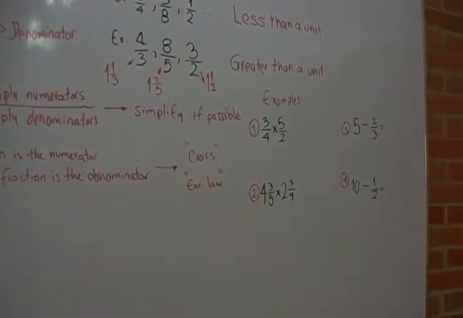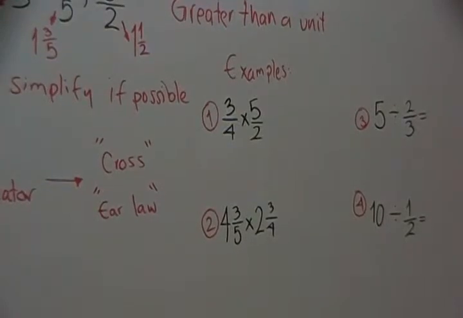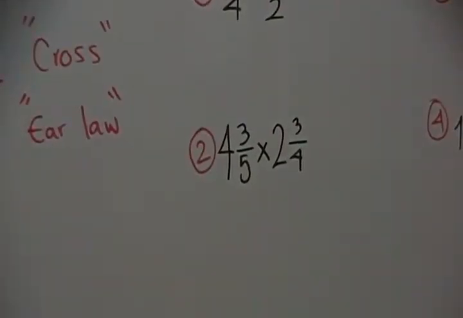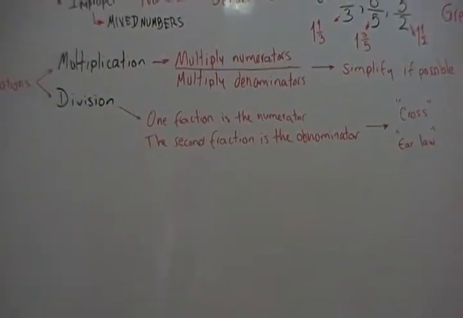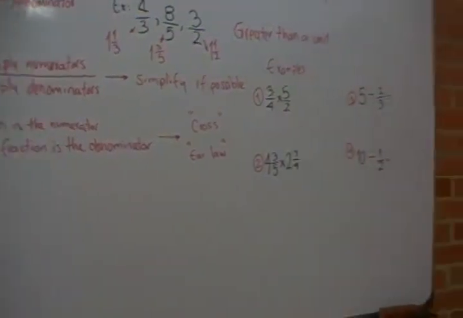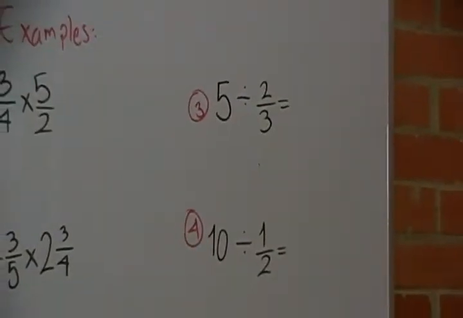Here we have two examples of multiplication, 3/4 times 5/2, and the second one is a multiplication of mixed numbers, 4 3/5 times 2 3/4. Going back to division, one fraction is the numerator and the second fraction is the denominator. In this case, we're going to divide whole numbers into a fraction, right?